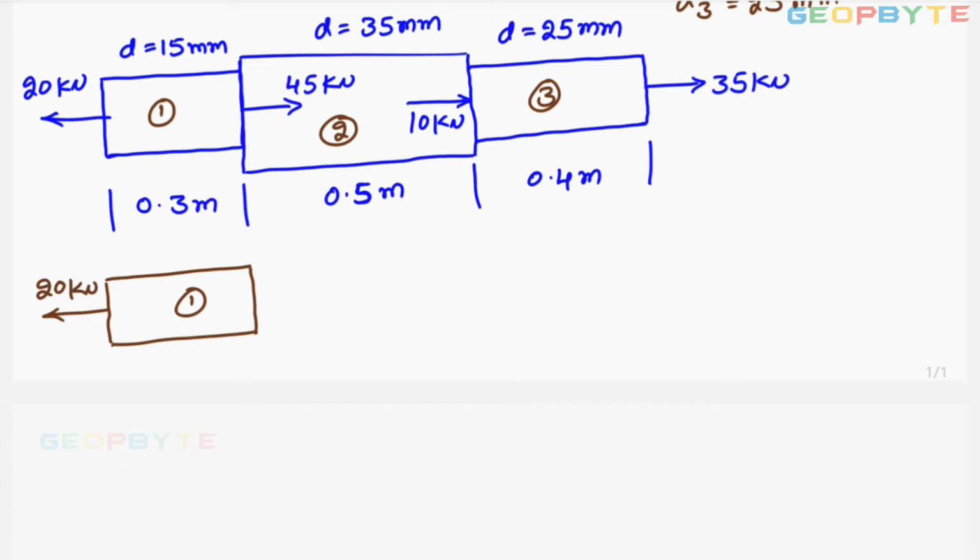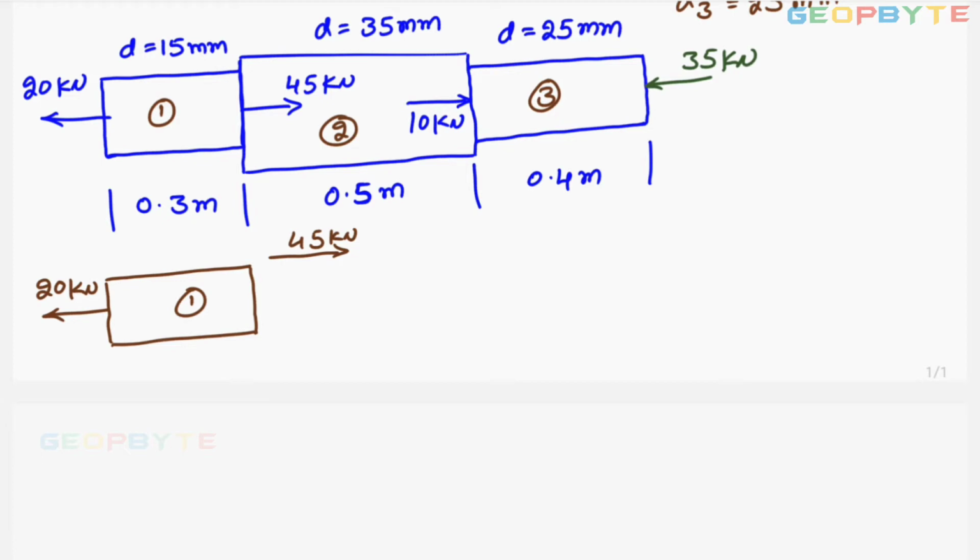Other end, 45 kilonewtons in this direction. One minute. Yes, there is a small printing mistake for the third section. I corrected that one. In the extreme right end for the third section, it is 35 kilonewtons towards the end.